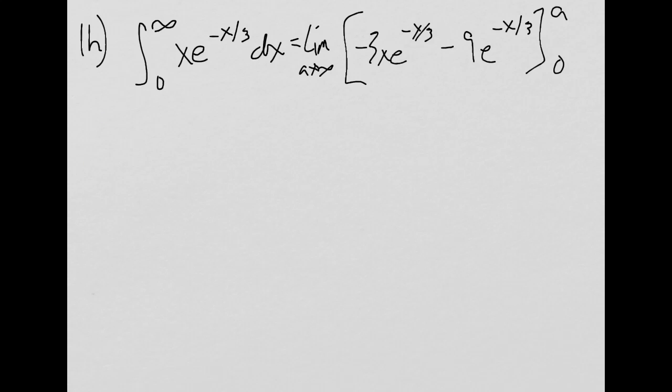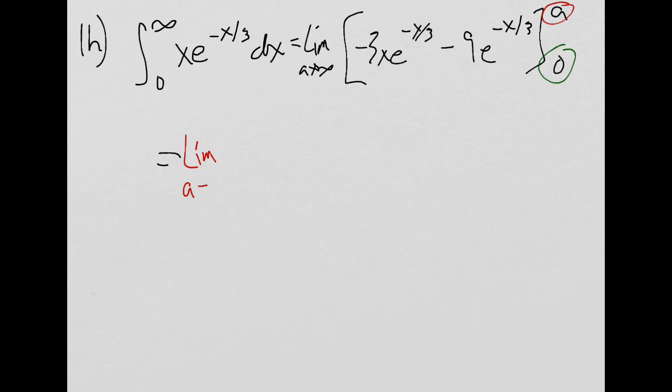So let me get this out of the way a little bit. Actually, I don't really need it anymore, so we'll get a little less clutter. So this is equal to, what I'm going to do is now plug these two values in. Maybe I'll do the a in red and the 0 in green. So for the a, I can't really plug that in, so I still need to use limit notation, and in order for this to be correct, you need to do this.